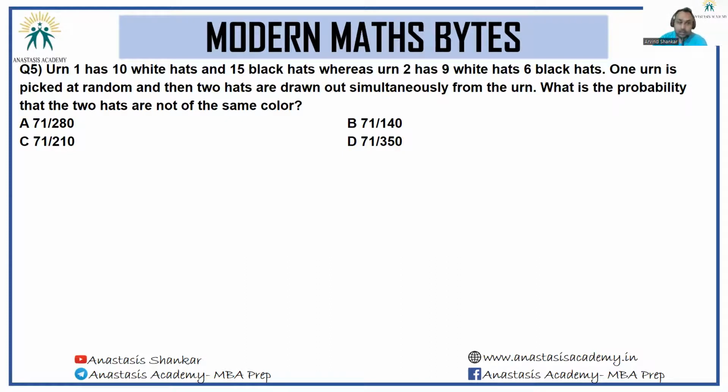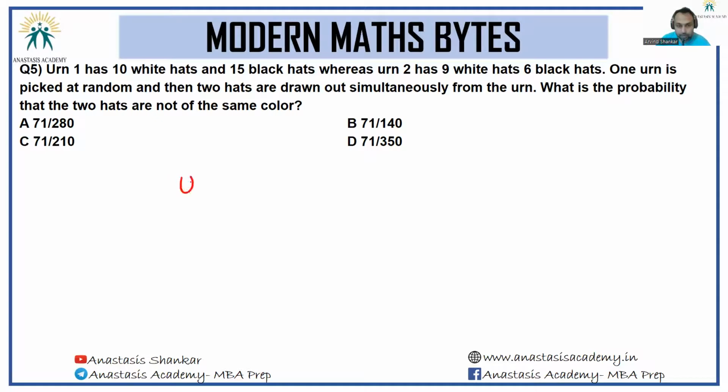Last one. Urn 1 has 10 white hats and 15 black hats, whereas urn 2 has 9 white hats and 6 black hats. One urn is picked at random, and then 2 hats are drawn simultaneously from the urn. What is the probability that the 2 hats are not of the same color?